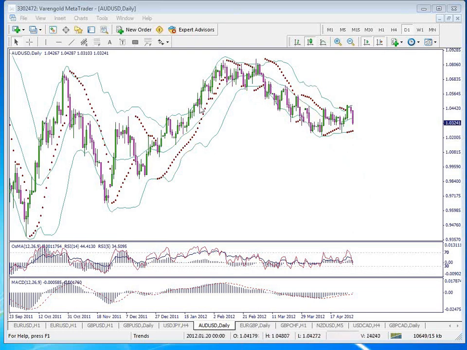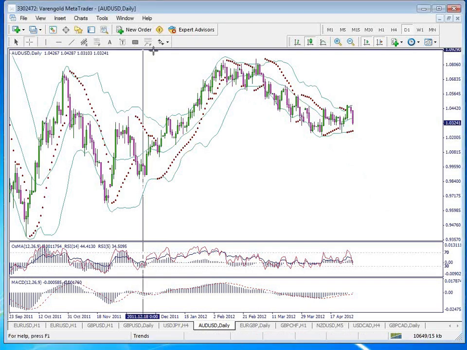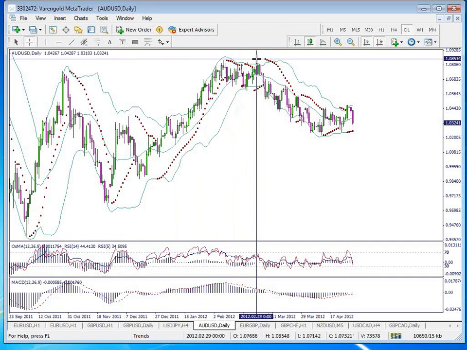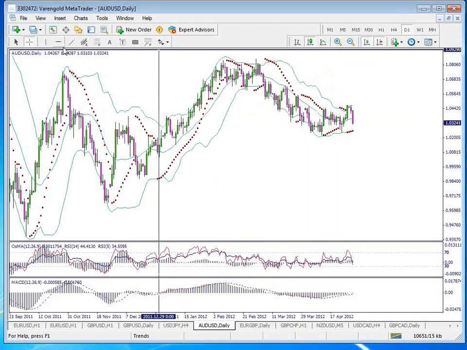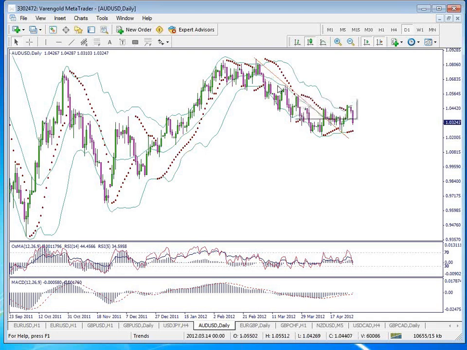For the moment, what we can see, I am on the daily chart. Since the end of February, the Aussie dollar started to go into a downtrend. I have plotted the trend line that crosses through those two highs. I will also plot a channel.